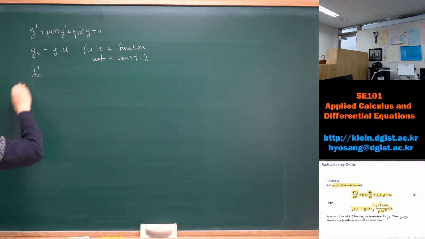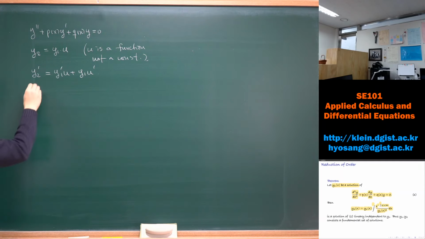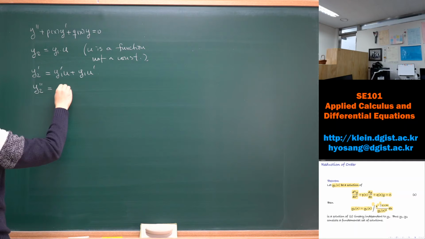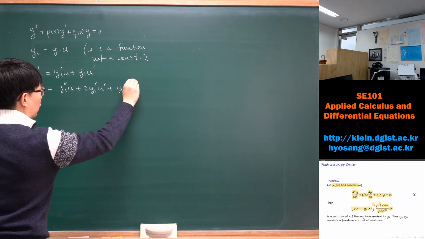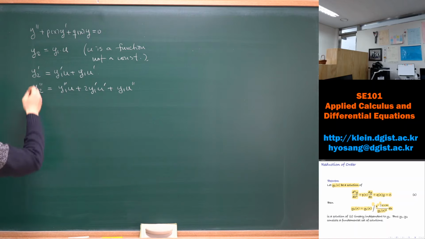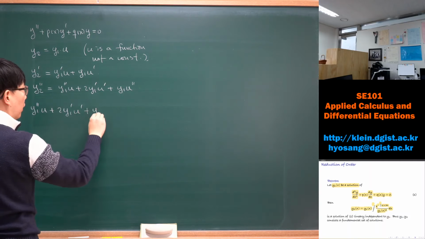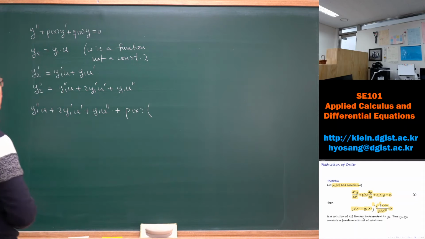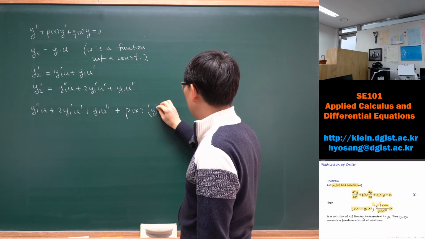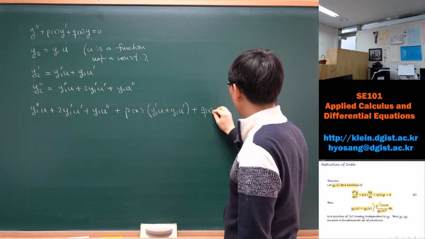The first derivative y2' is y1'u + y1u'. And the second derivative is y1''u + 2y1'u' + y1u''. So plugging into the equation, we have y1''u, 2y1'u', and y1u'', so that's y'', plus p(x) times y', which is y1'u + y1u', and q(x) times y, which is y1u.